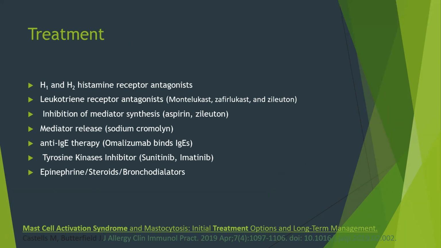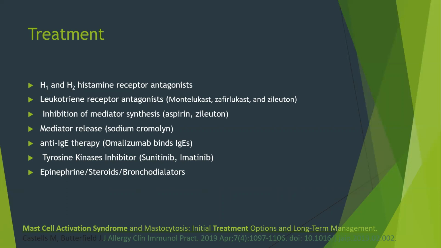For example, famotidine. Famotidine is for stomach pain, but it's one of the blockers. But you want to combine it with, for example, Benadryl or cetirizine or such. So you want both blocked, and usually it's at a higher dose than regular ones.